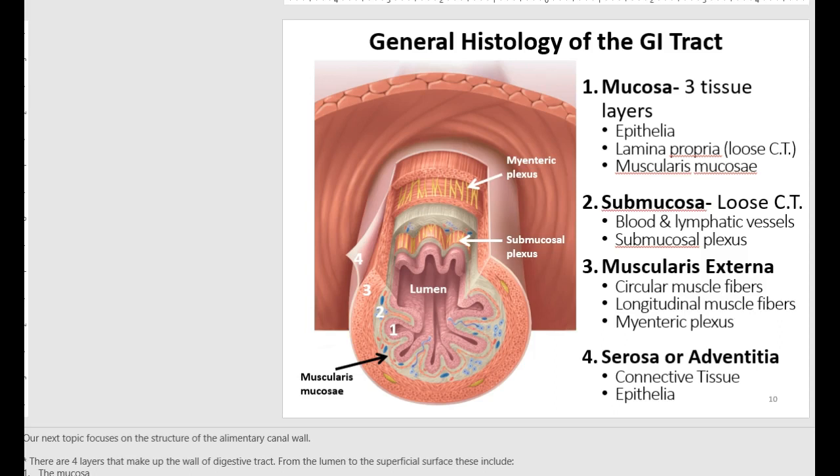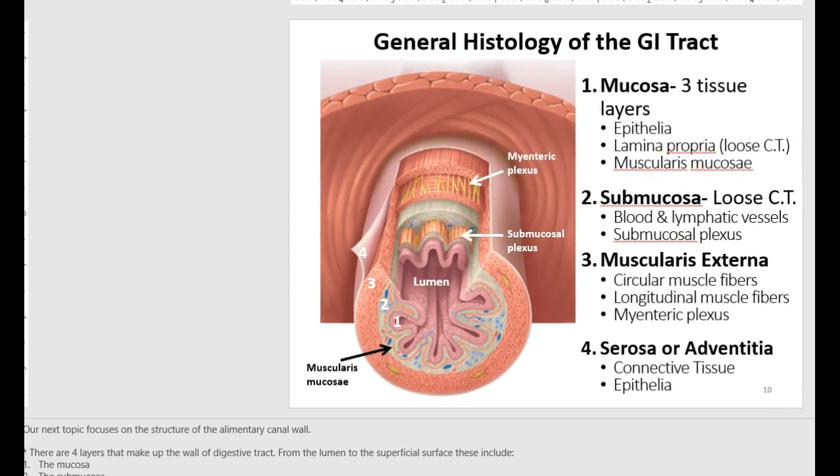It also contains a network of neurons called the submucosal plexus that neurally connects different regions of the digestive tract. The submucosal plexus here will be part of what we call our enteric nervous system. Enteric refers to the gut. And then the muscularis externa, as its name implies, is composed of smooth muscle, at least 2 layers.